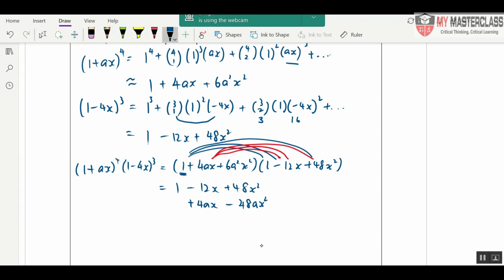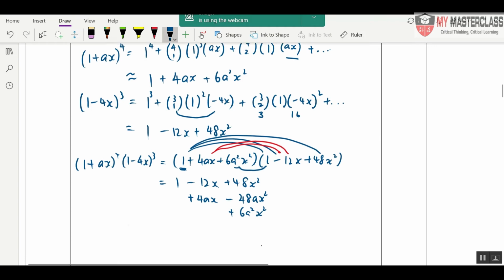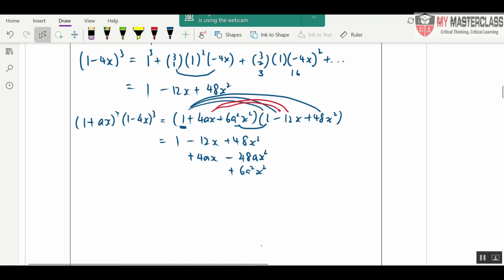Okay, so basically for the last one, you have to see for yourself that whenever anything you multiply gives more than x squared, you don't need it already. So for the last guy, I only need to multiply by the first guy, because that would give me a plus 6a squared x squared. If I multiply the others, I will get x to the power 3, which the question didn't ask for.